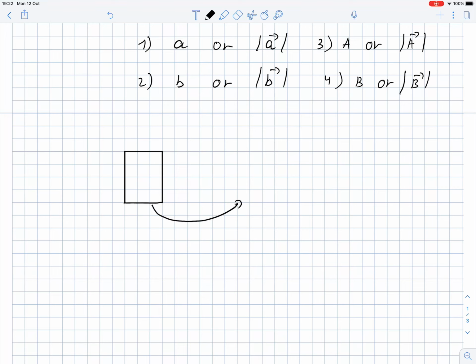To do so, of course, you have to apply force. You can either pull this book from left to right, and you use force F. F is a vector, this is your force, or this is a pull, or you can push.